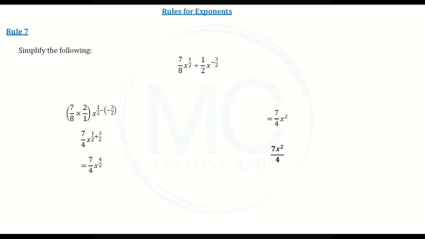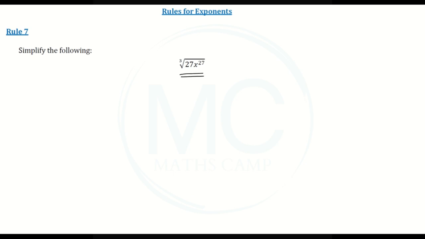Let's do one more example. When you have an actual root sign, it is always a good idea to change it into a fractional exponent. So we can change this to 27 x to the power of 27 with a fractional exponent of 1 over 3.